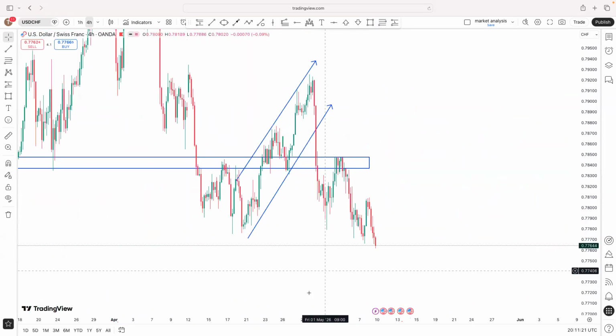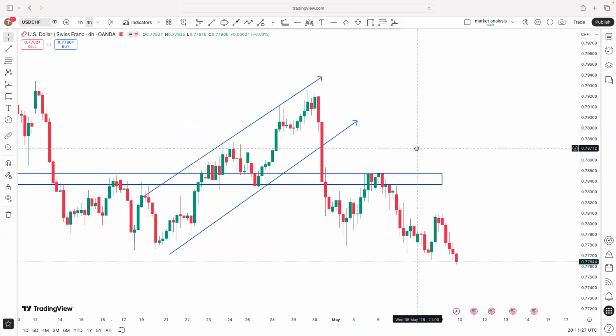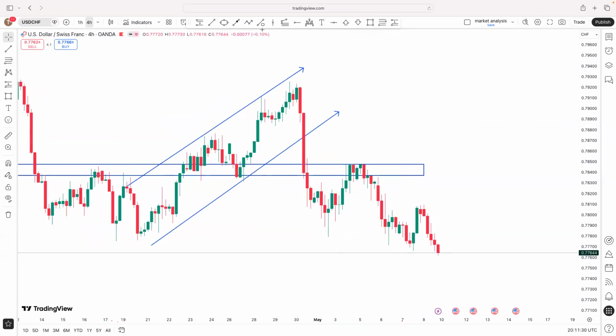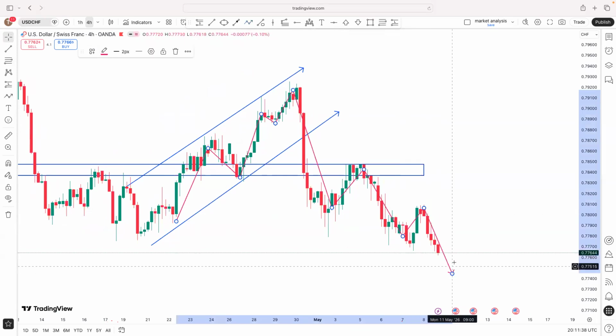So if you look at the current market, like I've already said, we were trading on an uptrend where the market was going up. Then they broke, came back to retrace, and then we continued to the downside direction.